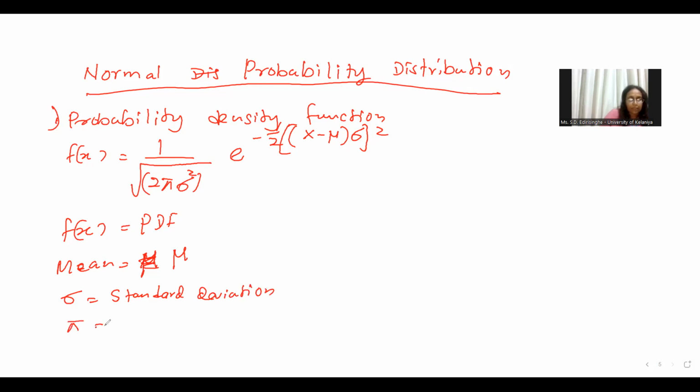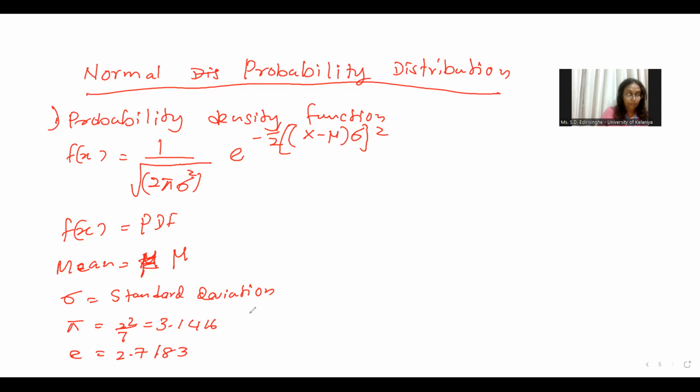Pi is a mathematical constant, that is 22 divided by 7, that is 3.1416, and e equals 2.7183. These are the things you need to get clarified when we are talking about the normal distribution formula, that is the PDF.